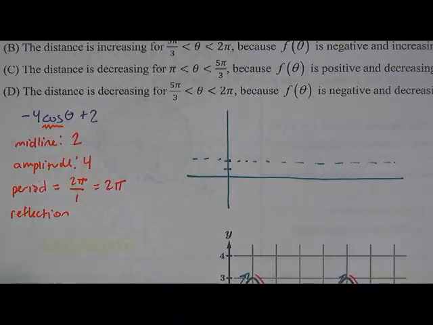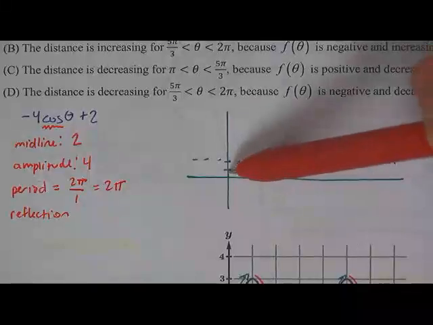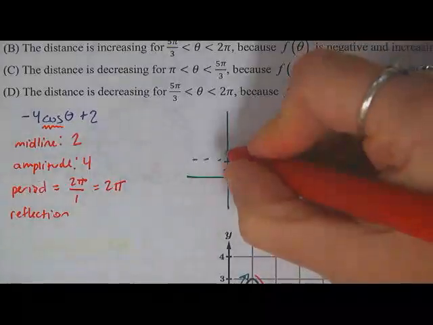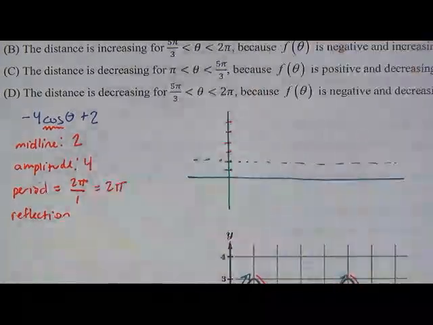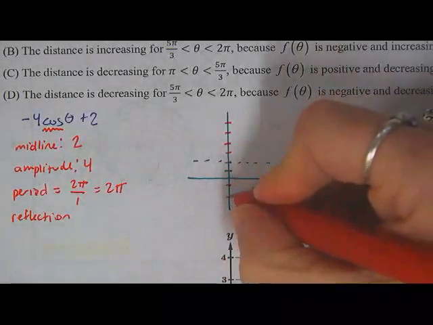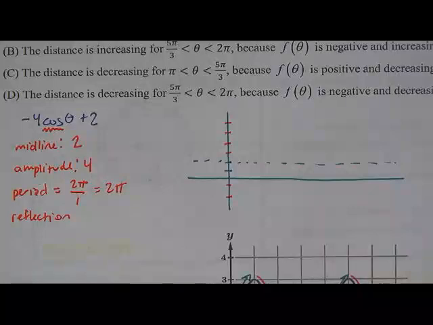Pay really close attention to this. Somebody came up to my desk last week and they had a misconception. When they were graphing an amplitude of 4, they went up to 4. But you need to go 4 above the midline and 4 below the midline. And that tells me how tall I'm going to draw this thing.